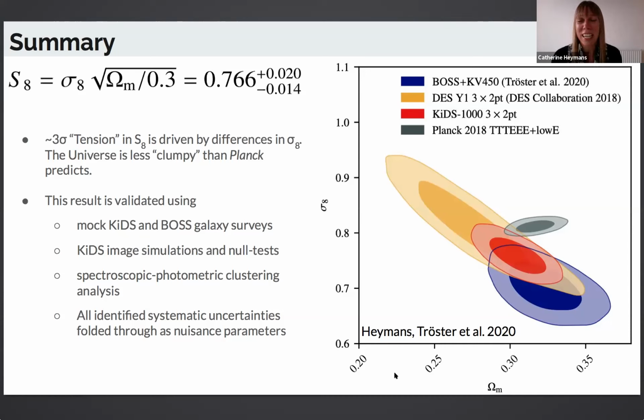We're very excited to see what they find with their next data releases, because if all 3 surveys, which are independent teams, independent telescopes, independent cameras, continue to find these low clustering results, then that could be the evidence that we need to say that the flat lambda CDM model is missing something in order to explain these differences between the low redshift universe and the high redshift universe.